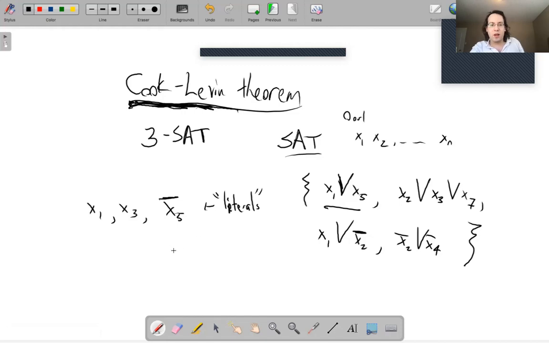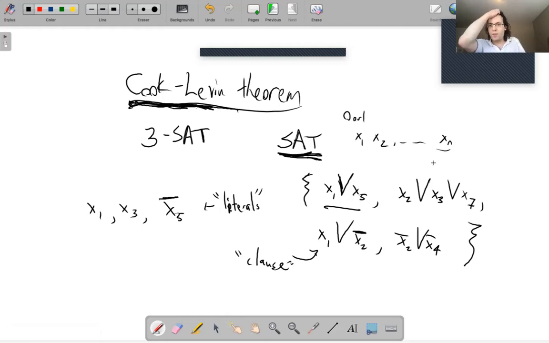And an or of some literals is called a clause. So a clause is an or of literals. And the satisfiability instance is a finite set of these clauses on some number of variables n.